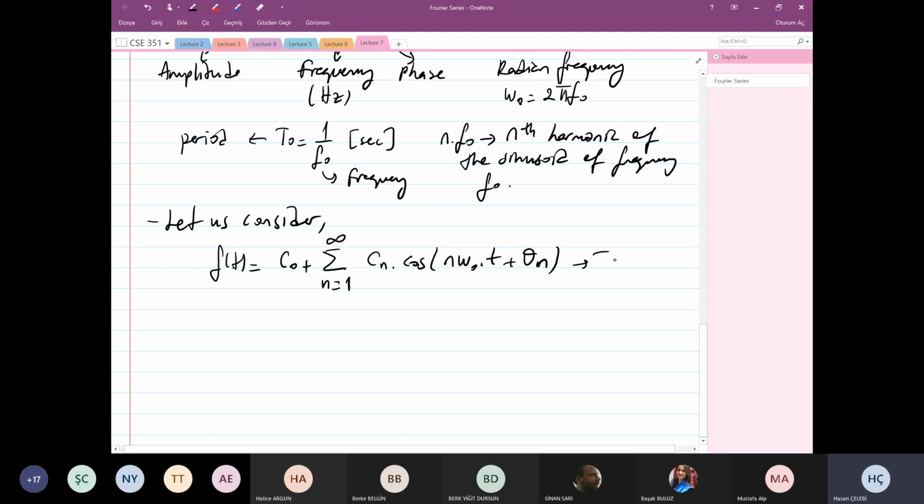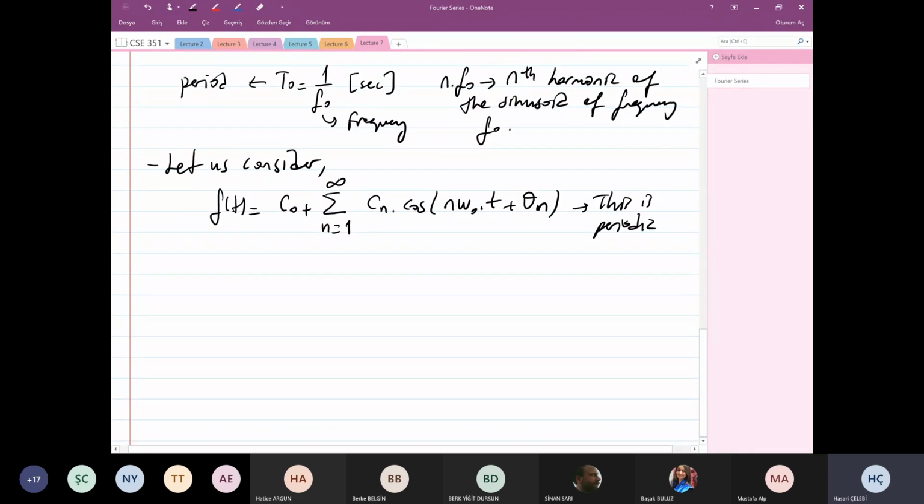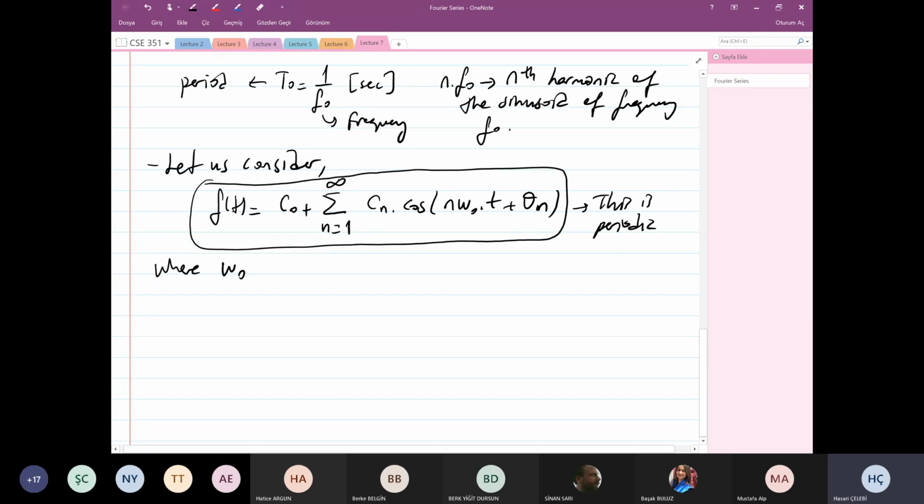You know, this is periodic, and we're not going to prove it here. Okay. In this case, omega 0, which is equal to 2 pi f0, is called the fundamental frequency.